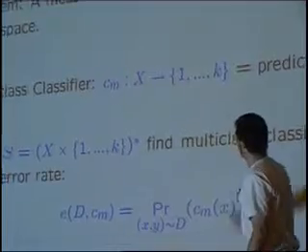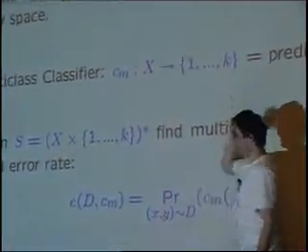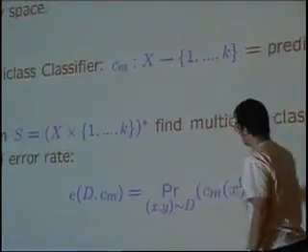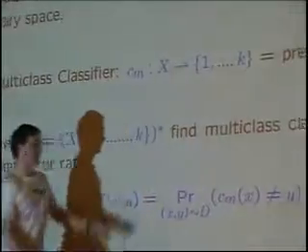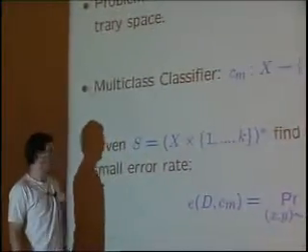Okay, so multi-class classification is the same as binary classification, except we have more labels. So instead of predicting 0 or 1, you predict 1 through k, and your classifier is going to predict 1 through k. Given your multi-class data set, you want to find a multi-class classifier with a small error rate.